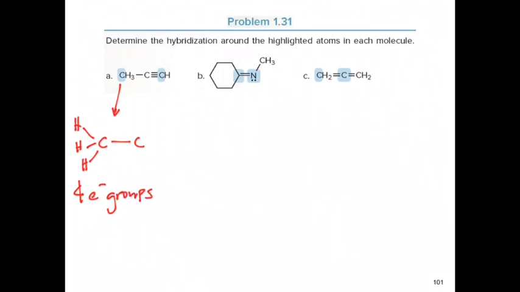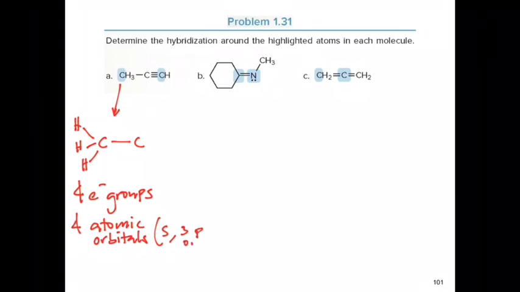That means there will be 4 atomic orbitals overlapping, specifically s and 3 p orbitals. And so the hybrid orbitals that will form would be sp3. Again, the superscript basically indicates the total number of p orbitals. So this is sp3 hybridized.